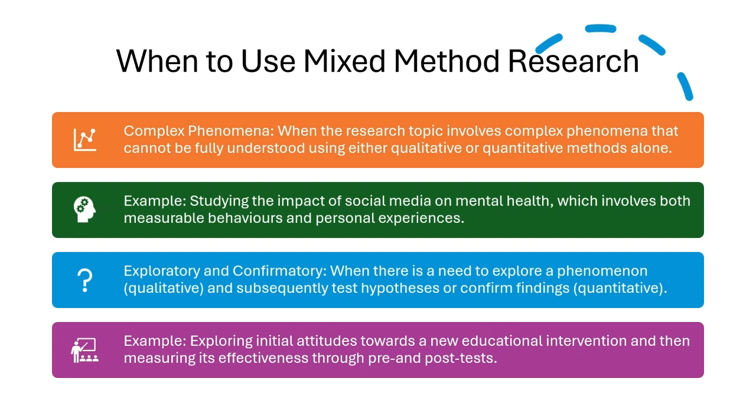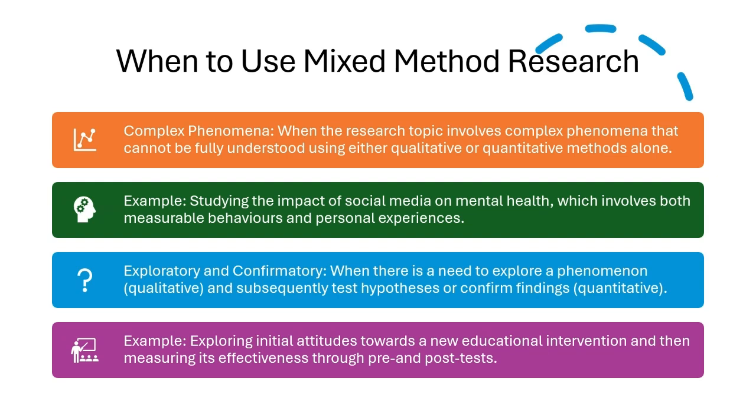So from the start, we would consider mixed method research when we are looking at complex phenomena. So when the research topic involves complex phenomena that cannot be fully understood using either qualitative or quantitative designs and methods alone. So, for example, studying the impact of social media on mental health, which involves both measurable behavior and personal experiences.